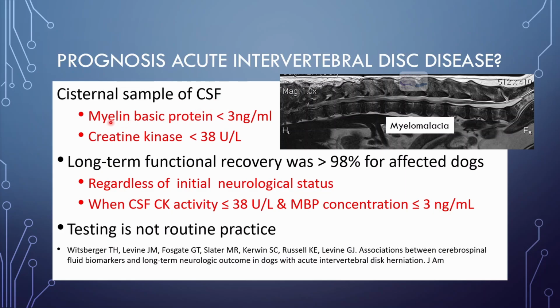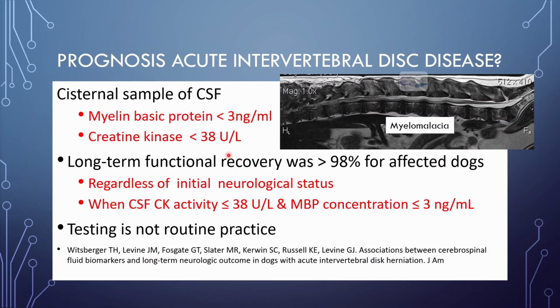And they found that in normal instances, the myelin basic protein was less than 3 nanograms per milliliter, and the creatinine kinase was less than 38. And that when you had this figure, then the long-term functional recovery was more than 98% for dogs with disc disease, regardless of their initial neurological status.